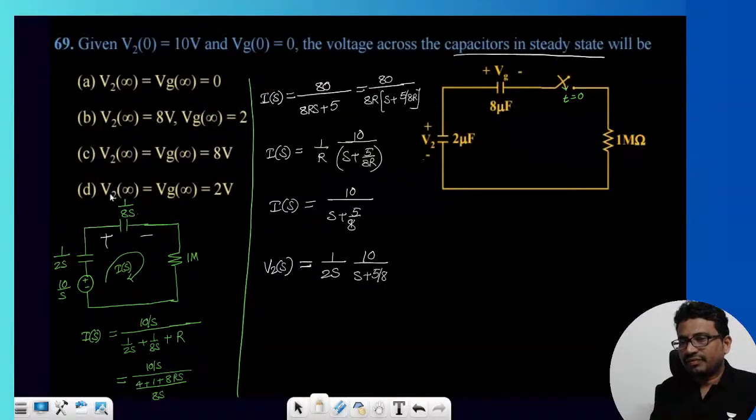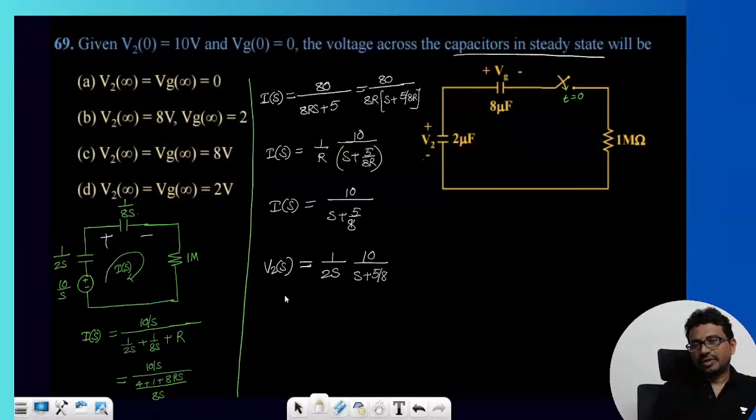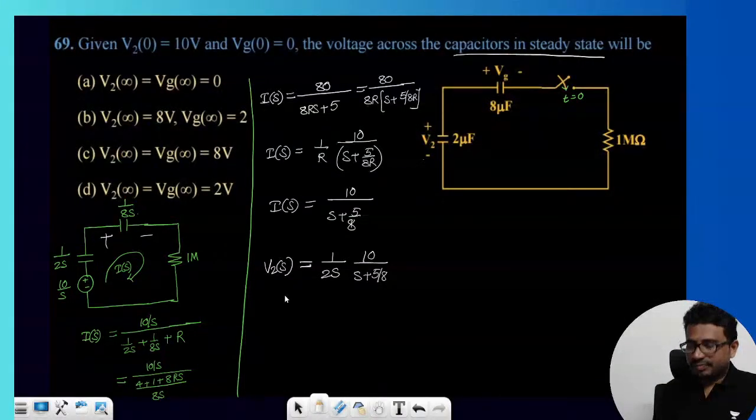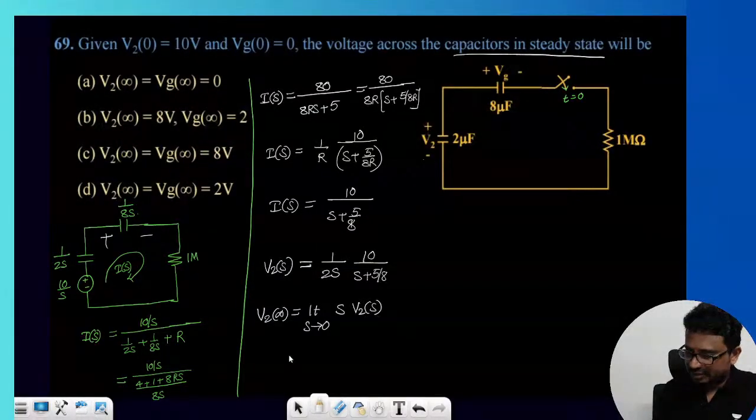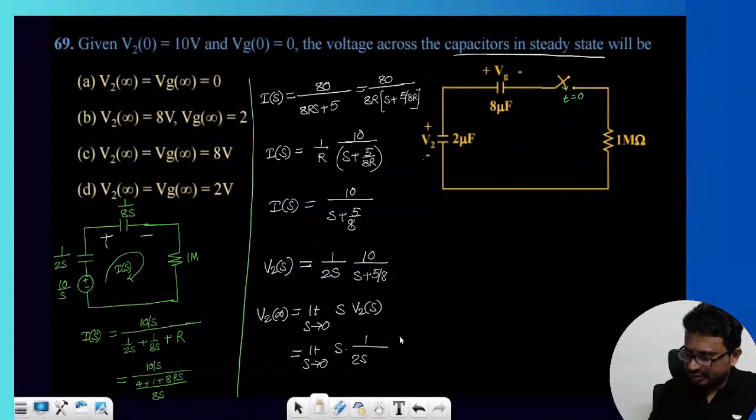Now we need V2 of infinity, so we can apply the final value theorem. V2 of infinity equals limit S tends to 0 of S into V2 of S, which is S into 1 by 2S into 10 by S plus 5 by 8.